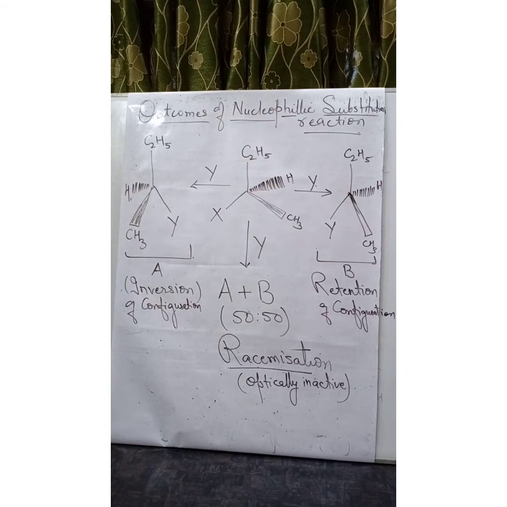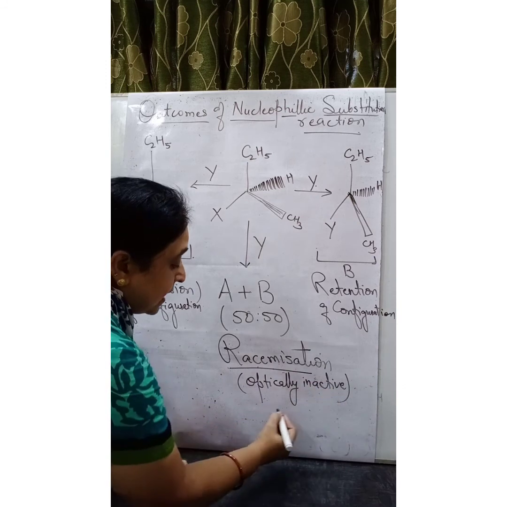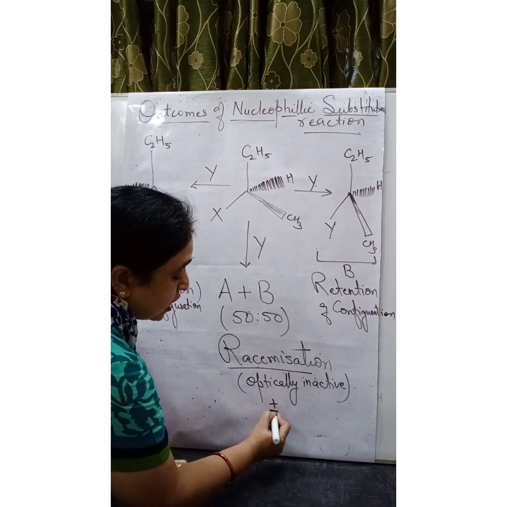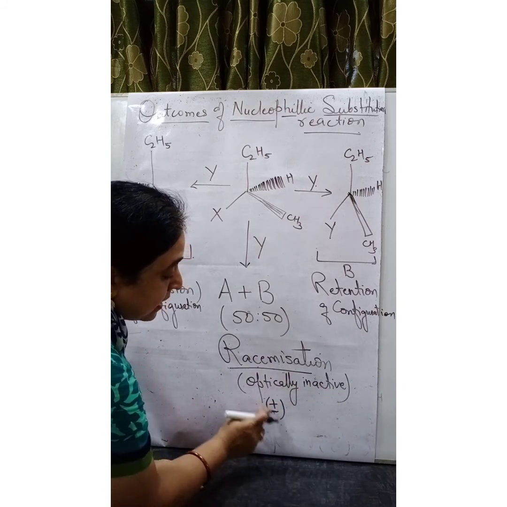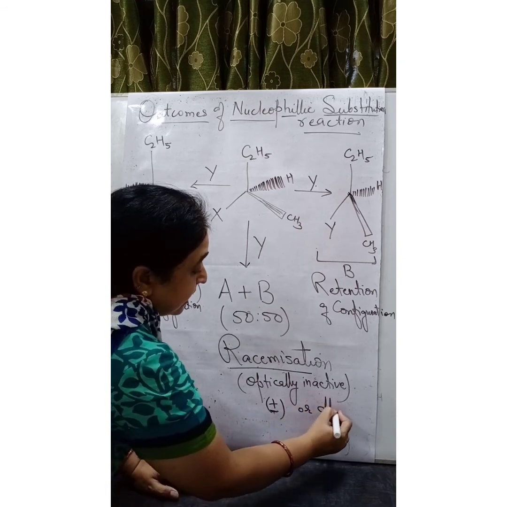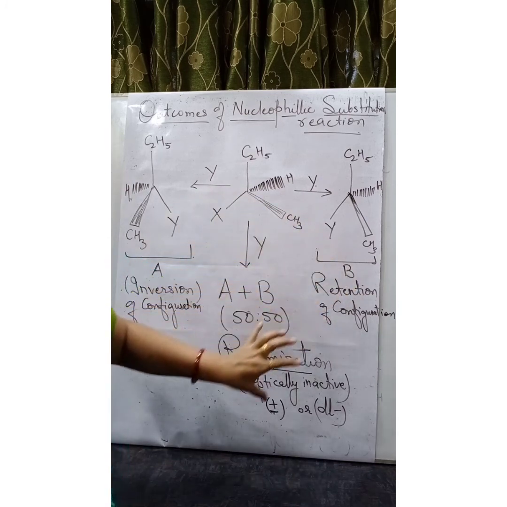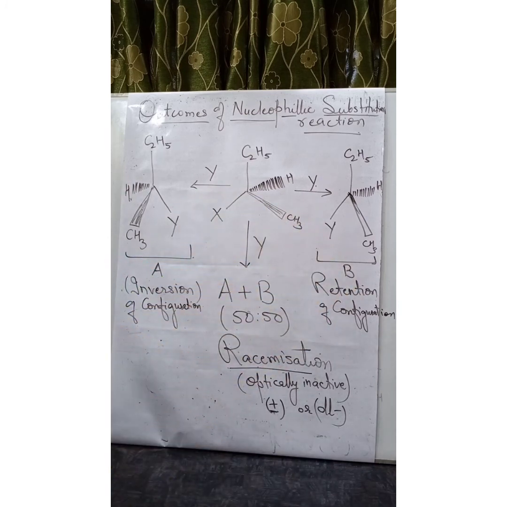It is not able to rotate the plane polarized light towards left or right. Optically inactive or racemic mixture is normally denoted by plus and minus both signs, or by DL both signs. So there are three outcomes of a nucleophilic substitution reaction: inversion, retention, and racemization.